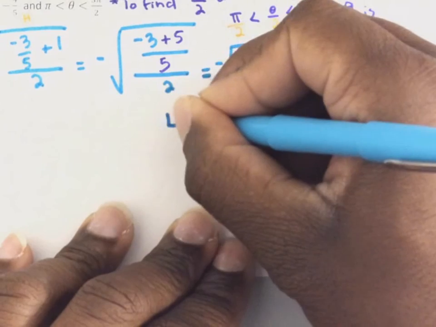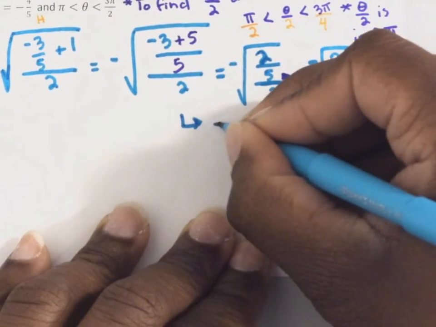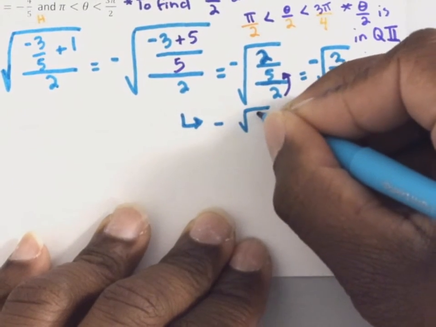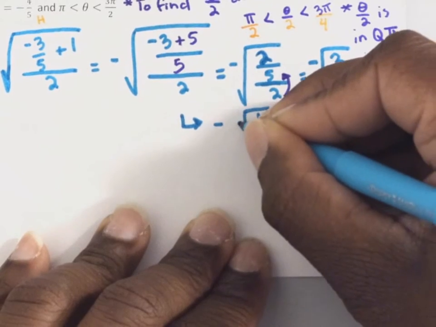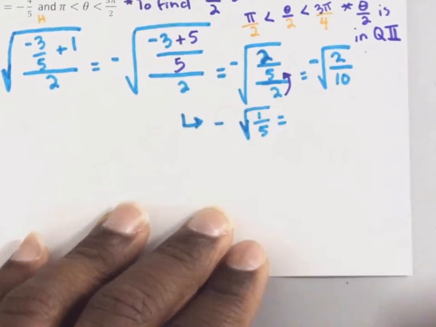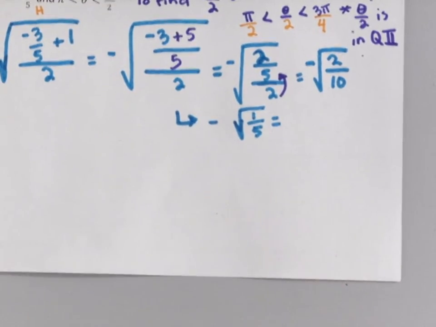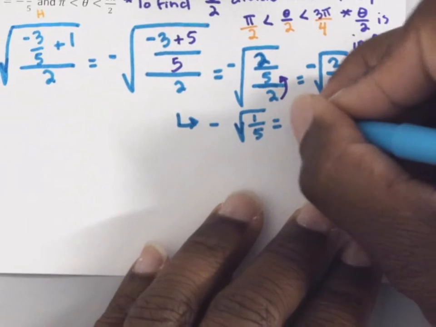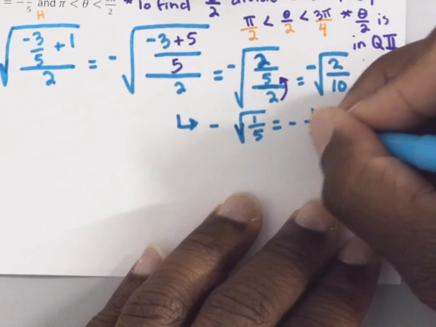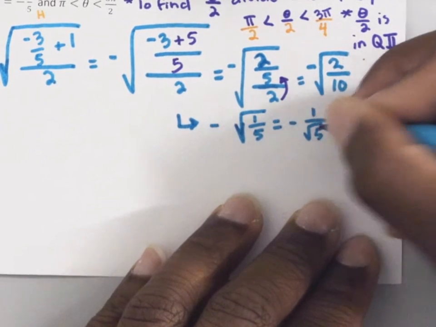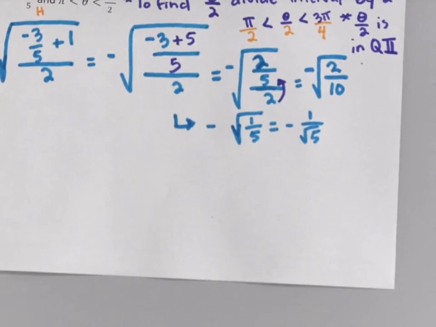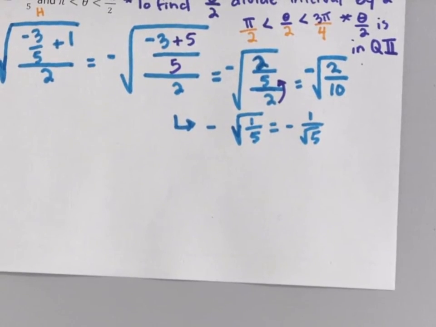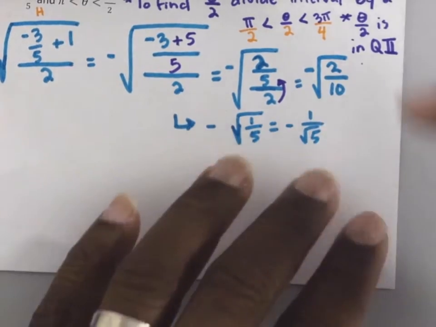And what we get is negative root 1 over 5. What's the square root of 1? 1. And I can't leave it like that, so I multiply the top and the bottom by the square root of 5.